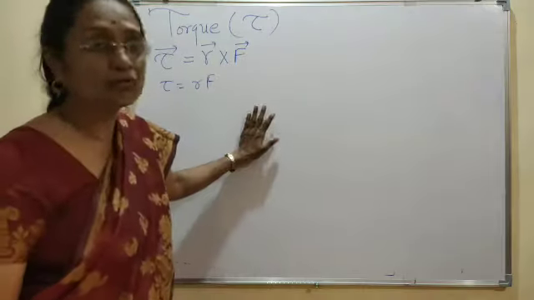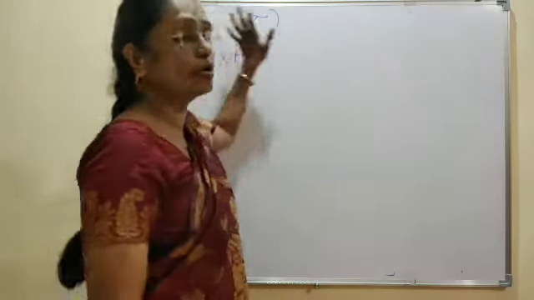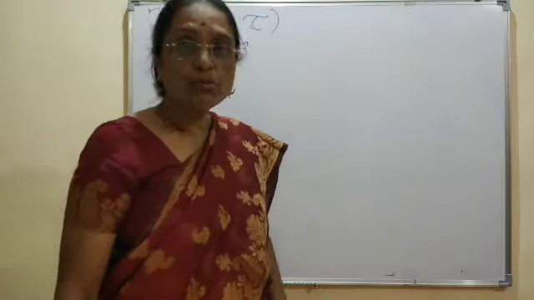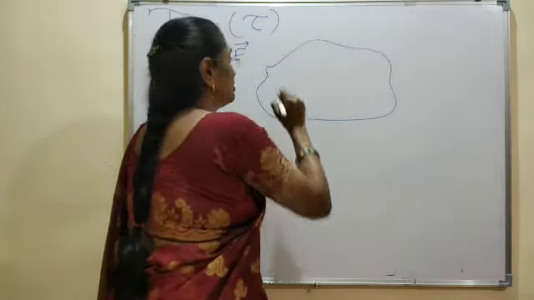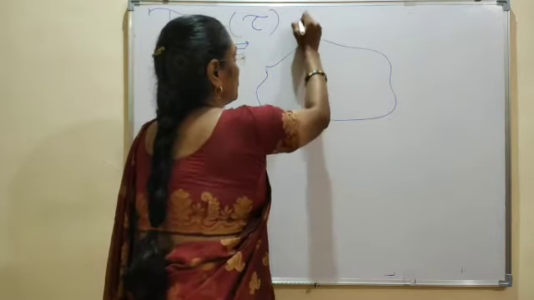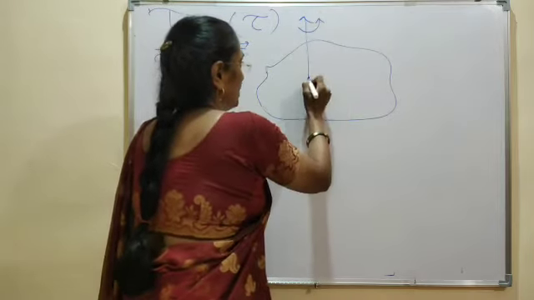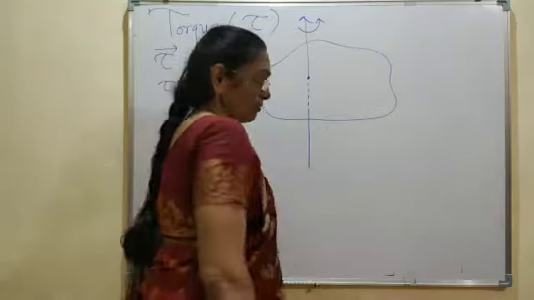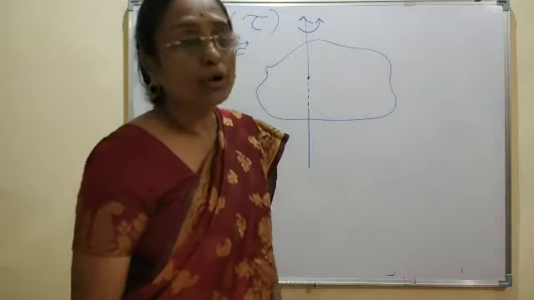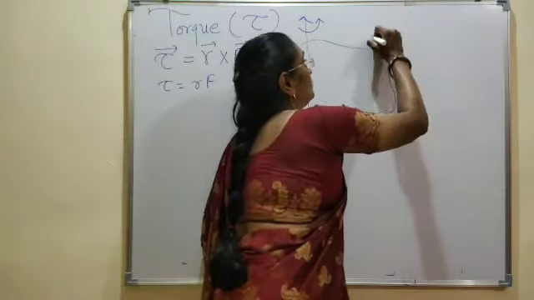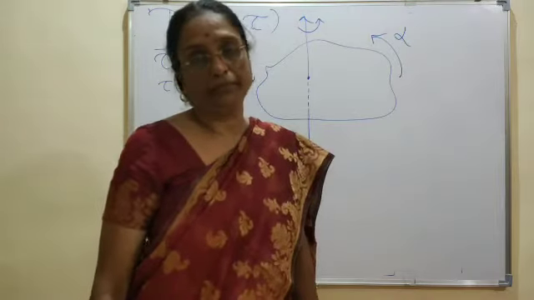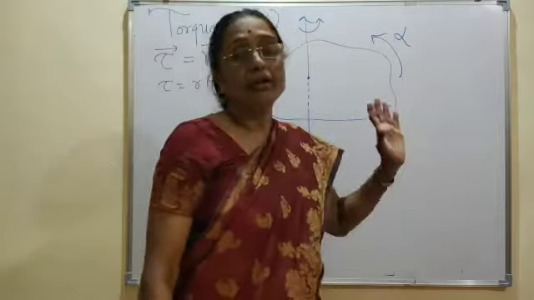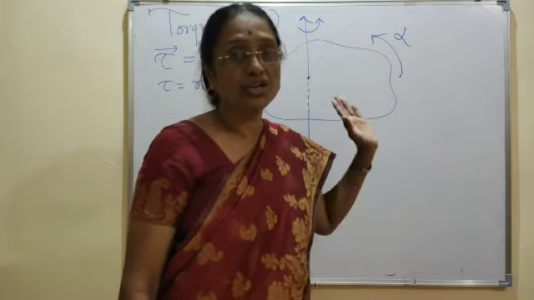Here we have to derive the expression for torque for the rotating body. Again we consider a rotating body of any shape. The axis of rotation is shown like this. But in this case, the body is rotating with constant angular acceleration, meaning angular velocity is changing.